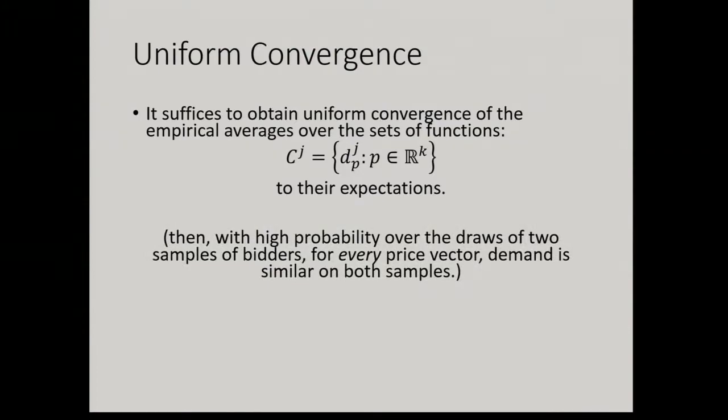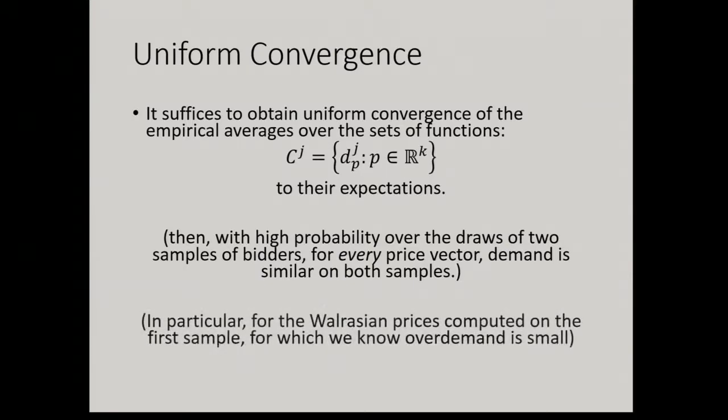The reason is because if we can do that, then with high probability, over 2 draws of n bidders from the same distribution, we'll know that for every price vector, demand will be similar on both of these 2 samples. And in particular, since it holds for every price vector, it'll hold for the minimal Walrasian prices computed on the first sample. And subject to the genericity condition, we know that in that case the overdemand must actually be small.